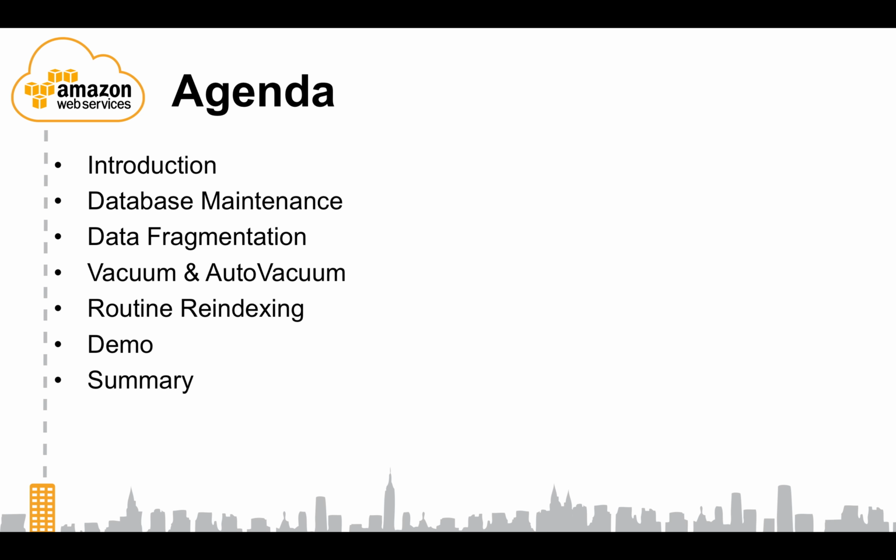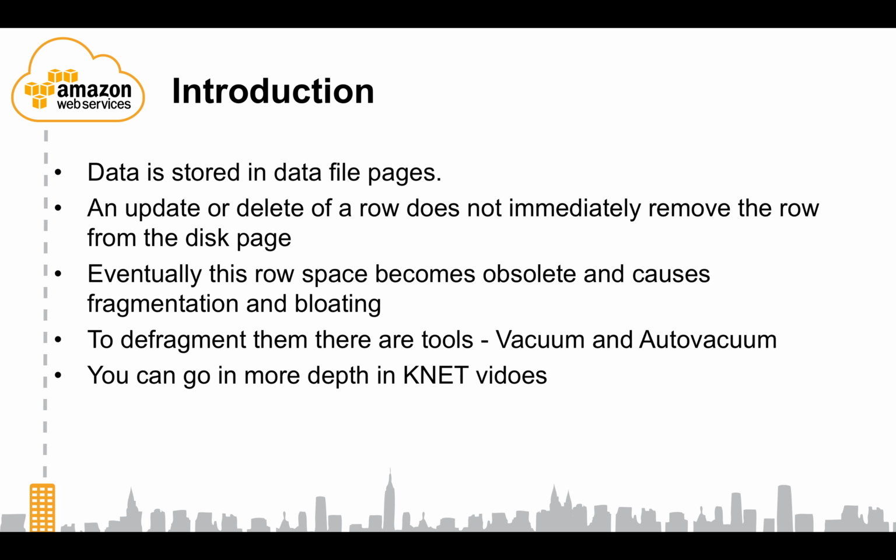Let's move on quickly to the introduction to the maintenance activity. As we know, data in a table is stored in data file pages and each page is 8 KB. Whenever an update or delete happens in a table, the row does not get immediately removed from the disk page due to the concept of multi-version concurrency control, which is also known as MVCC.